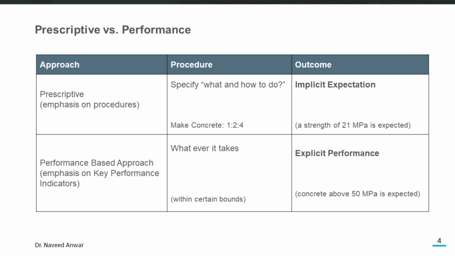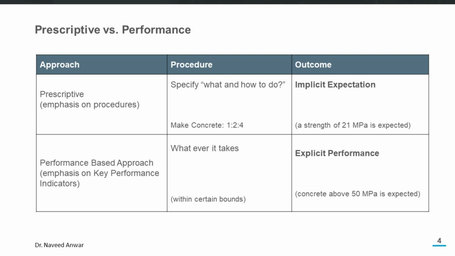When I wrote the specifications for the structure, we would write, make the concrete in a ratio of 1:2:4. 1 part cement, 2 part sand, and 4 part aggregate. And we also would specify the water cement ratio of 0.6 or 0.5. And then the contractor is expected to follow that. And the engineers on the site would check those measures. And after that, that's it.